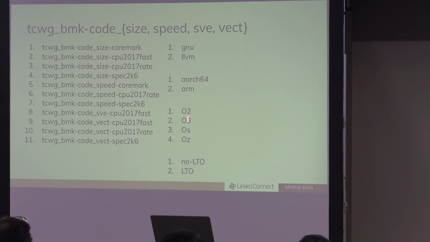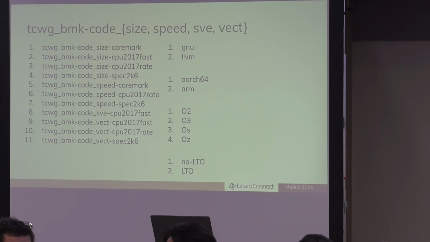AArch64. Compilation flags: O3 or Os. Vectorization for Os is disabled, so we are not going to get anything interesting there. So for vectorization, the only valid value here is O3, and LTO or no LTO.